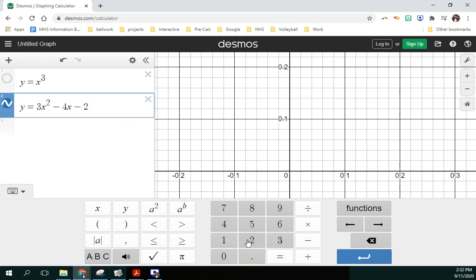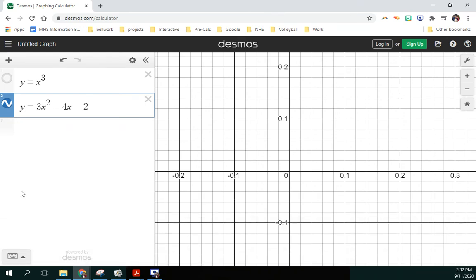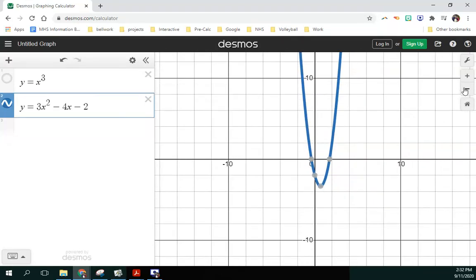And so we should end up with a parabola. I need to zoom out a little bit. I'm super zoomed in right now. And notice that we get a parabola shape. So it looks like a U. And notice that the turning point is going to be where this parabola changes from decreasing to increasing. And it's at approximately 0.667, comma, negative 3.333.